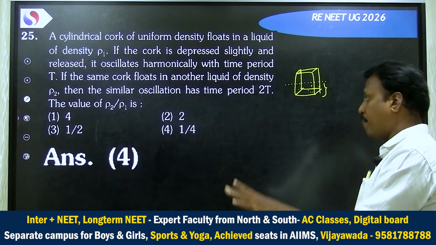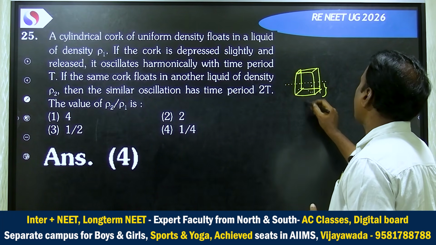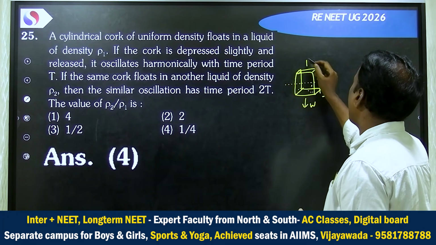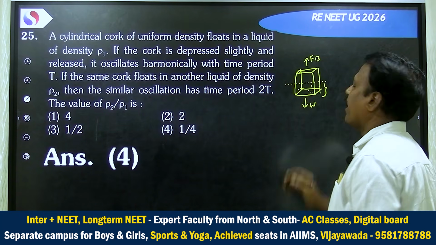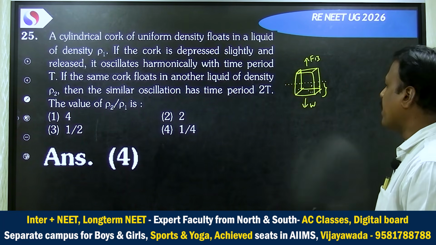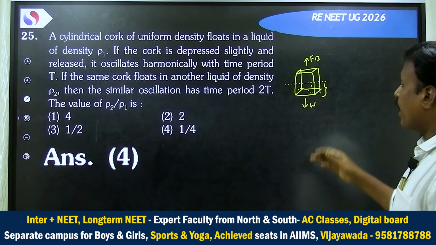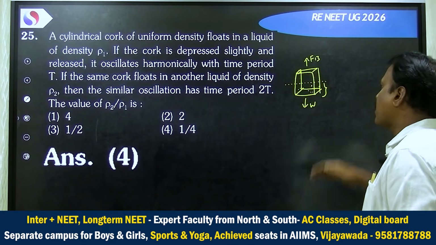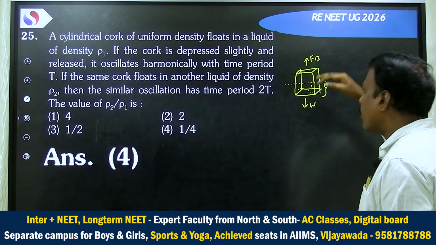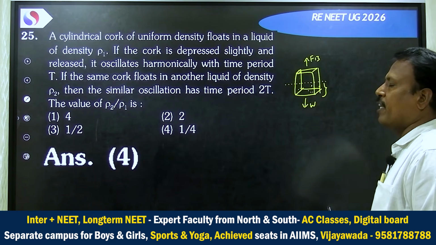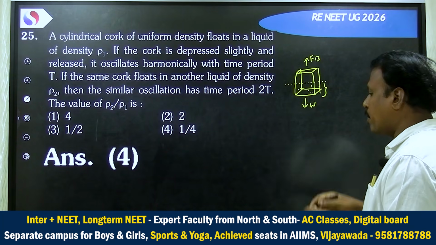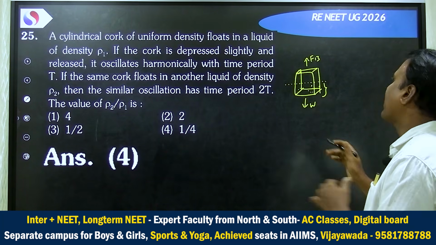In this case, the weight of the body is balanced by the force of buoyancy. Then in order to have oscillations, it must be displaced from this position. That means either by lifting or by pushing we can achieve that.